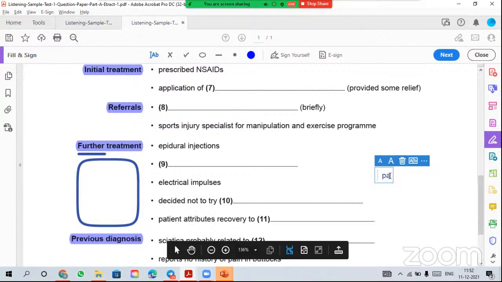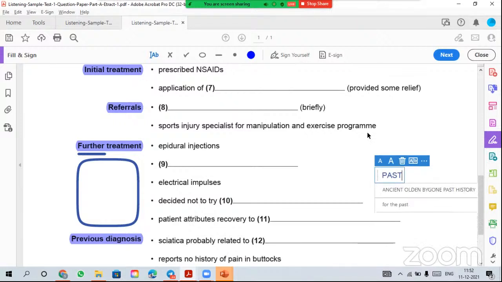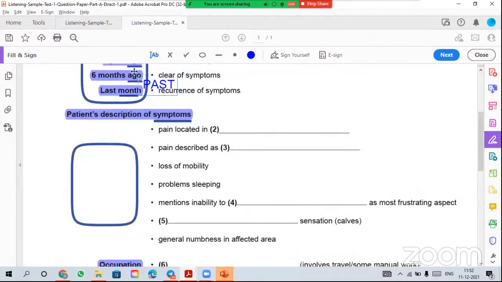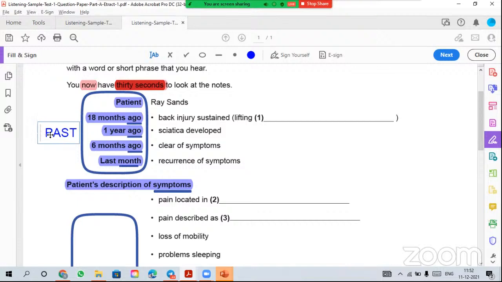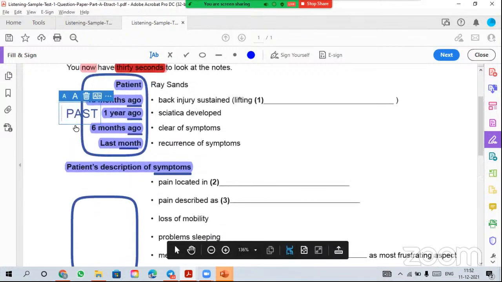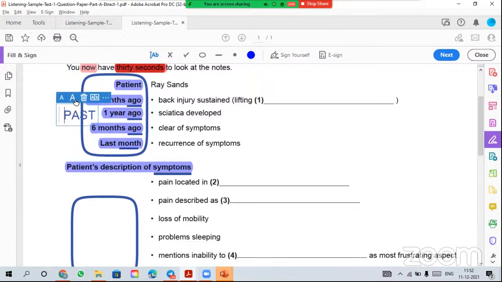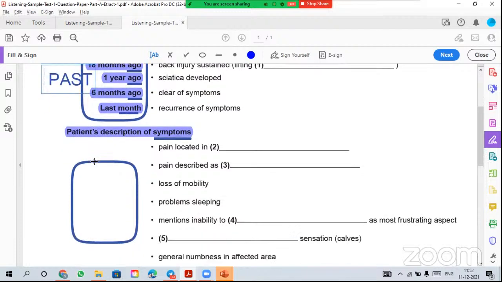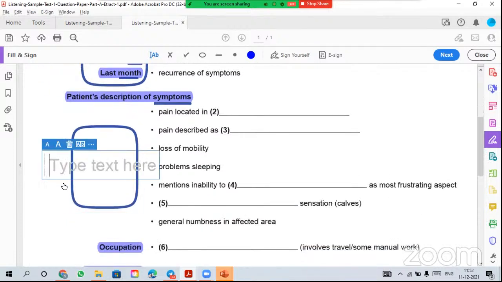So this is related to past. This is related to present.